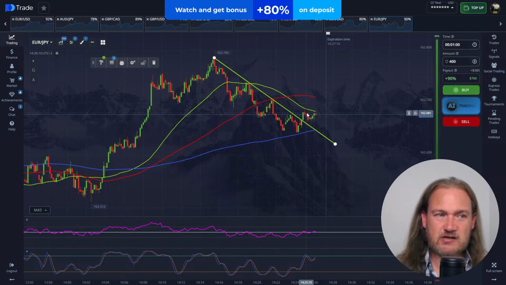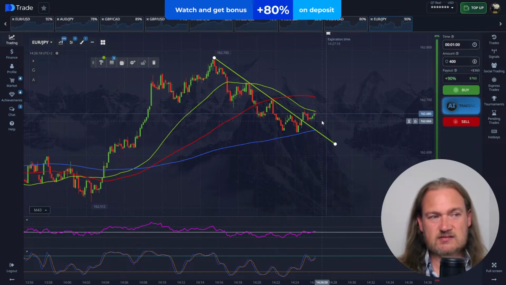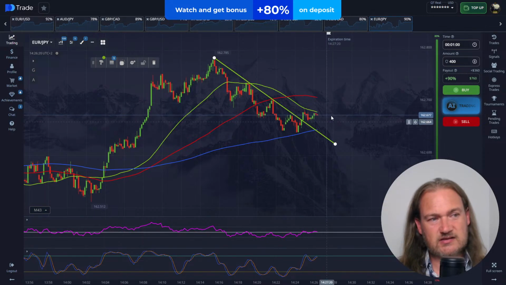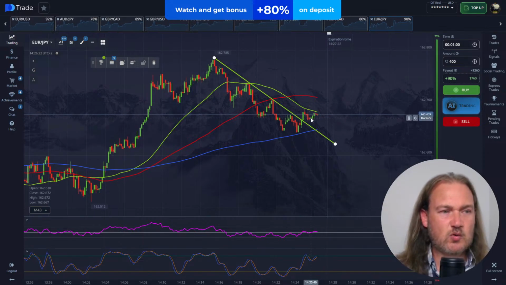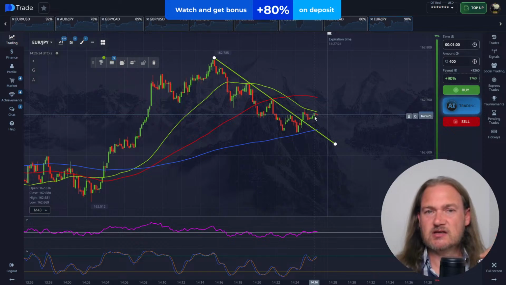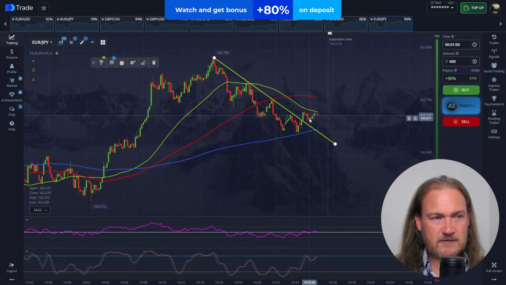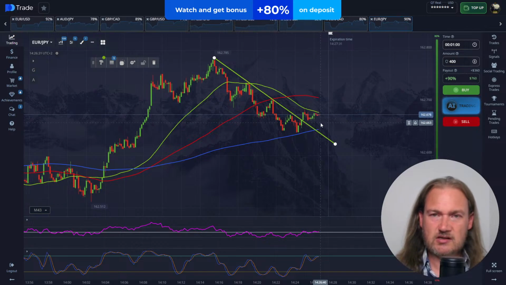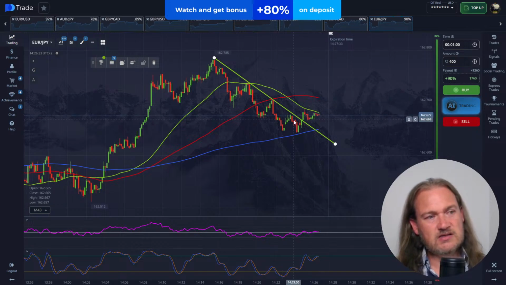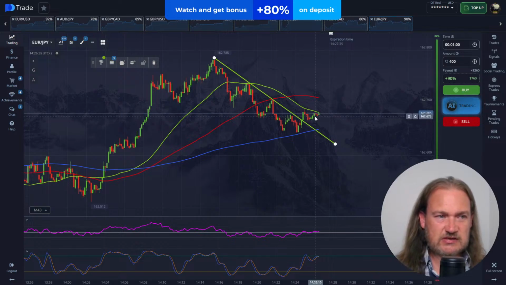And now it's super clear that this is not a downwards trend anymore. By definition, we're not making lower lows and lower highs anymore, so it's by definition not a bearish trend. So we're going to be careful of taking sell trades.